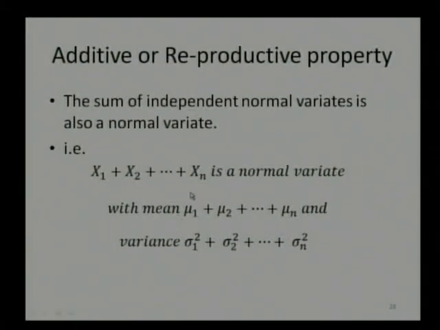The mean of the sum of all independent normal variates becomes the sum of the corresponding means, mu1, mu2 up to mu n, which are the individual means of the independent normal variates. So just add up all the means. Similarly, the variance is the sum of all the individual variances, sigma 1 square, sigma 2 square up to sigma n square.